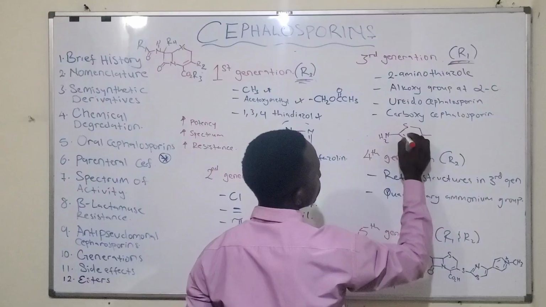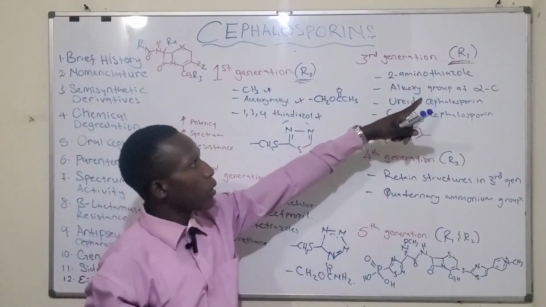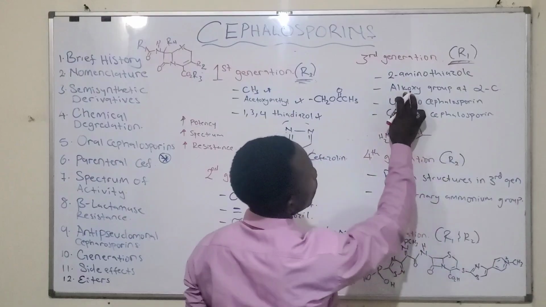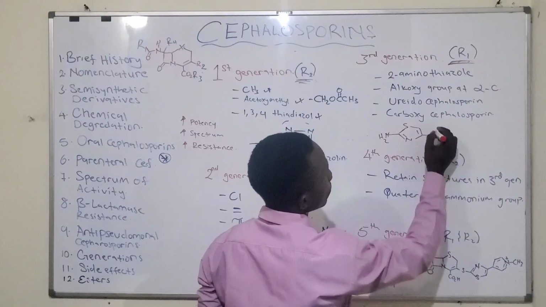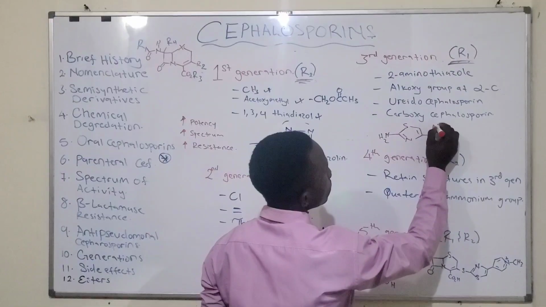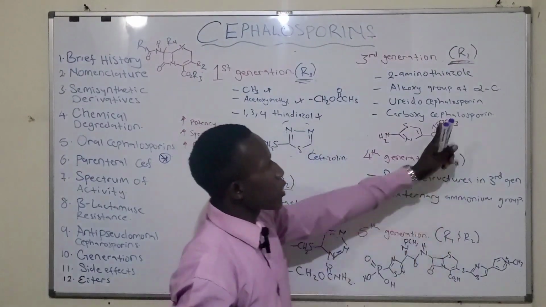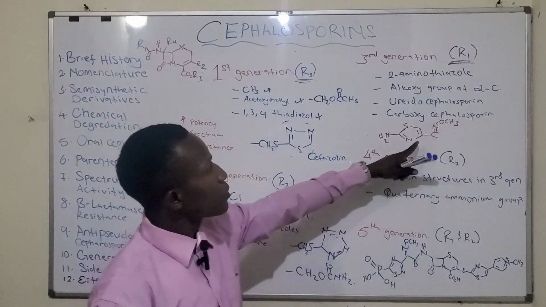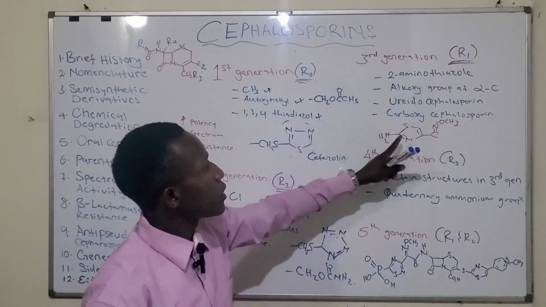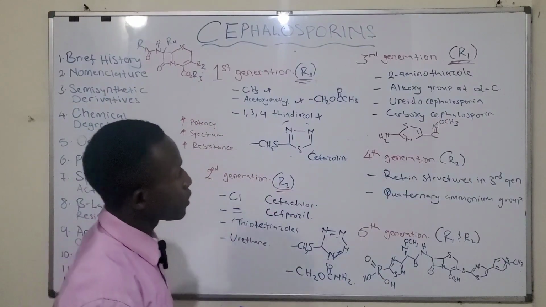So these groups at the R1. Then also an alkoxyl group at the alpha carbon. For example, those groups, the alkyl group, we have oxygen, nitrogen. So these groups are in third generation. All those ones, if you see them, they are under third generation.